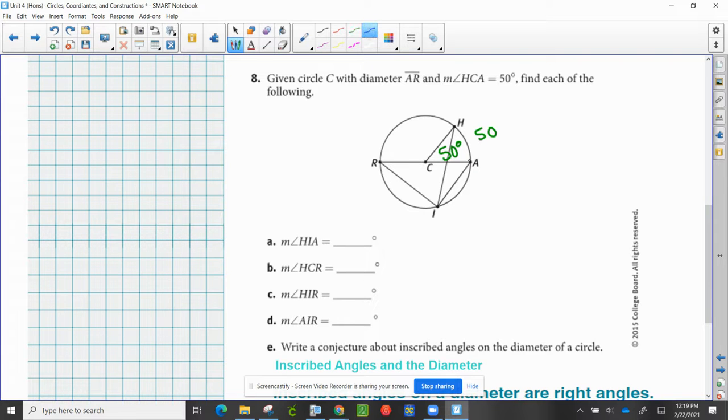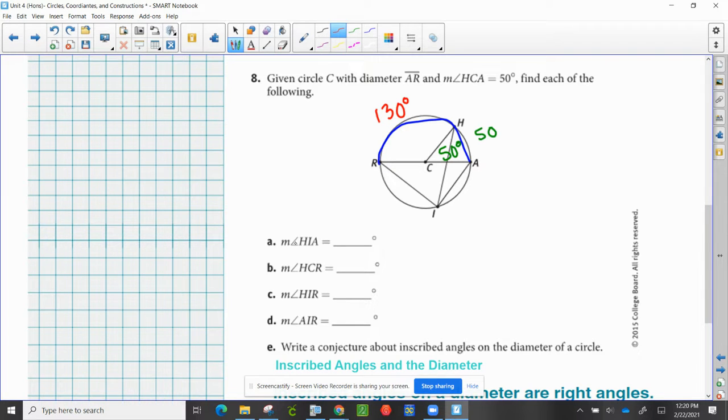And again, we were told that this is a diameter, so we have 180 degrees for the whole thing. So that makes arc HR have to be 130 then. So I'm just using the given information to label what I can, and then let's fill in these problems here.